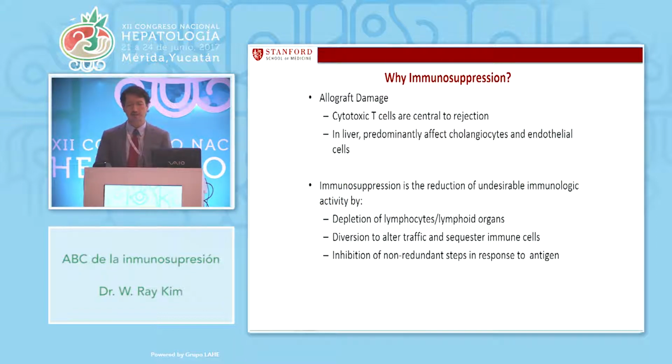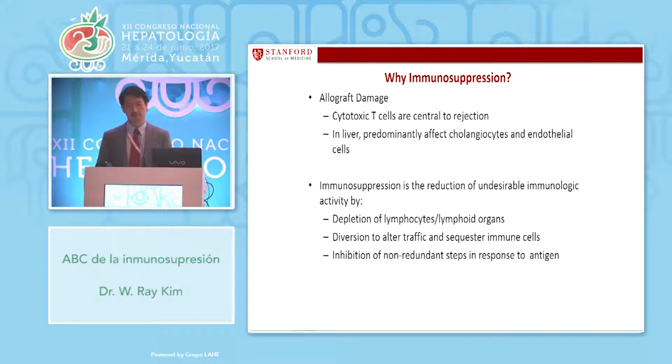So why do you need immunosuppression? That's kind of a dumb question, because otherwise there will be allograft damage. And the damage is predominantly caused by cytotoxic T cells. In the liver, the predominant effects are in two locations. One is in bile duct cells, and the other are endothelial cells. So that's where rejection occurs. That's where our pathologist will look for signs of organ damage.